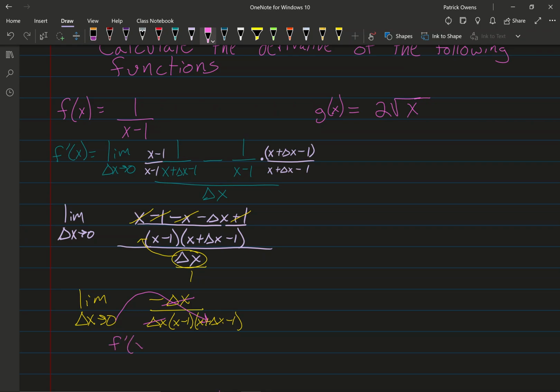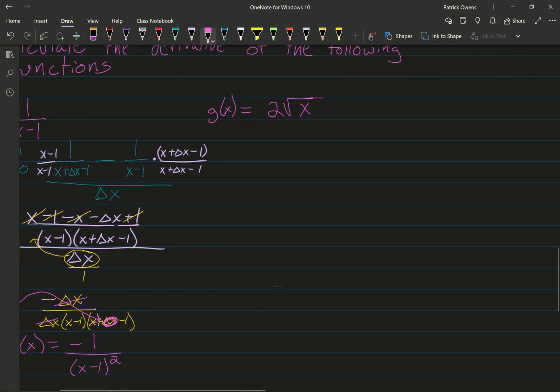Our derivative of f of x then is negative 1 divided by, well, if this delta x is 0, we have x minus 1 times x minus 1, which we can rewrite as x minus 1, the quantity squared. So that is how we calculate derivatives for rational functions.